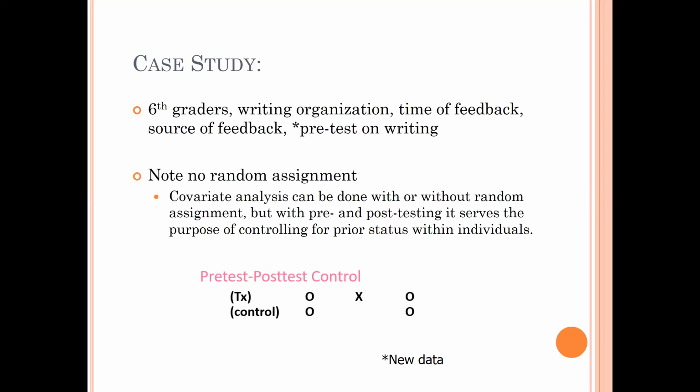So that I don't have to restart the video, we're just going to scratch that. But it's a factorial design with no control but a pretest covariate. So ignore the picture at the bottom. I'm sorry about that, but it's done without random assignment.